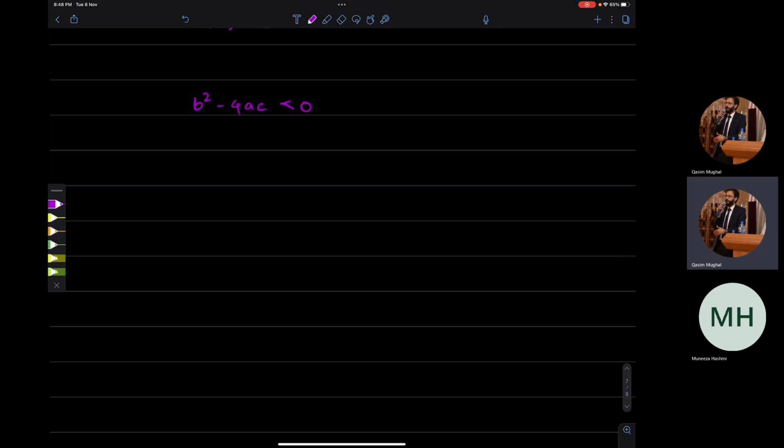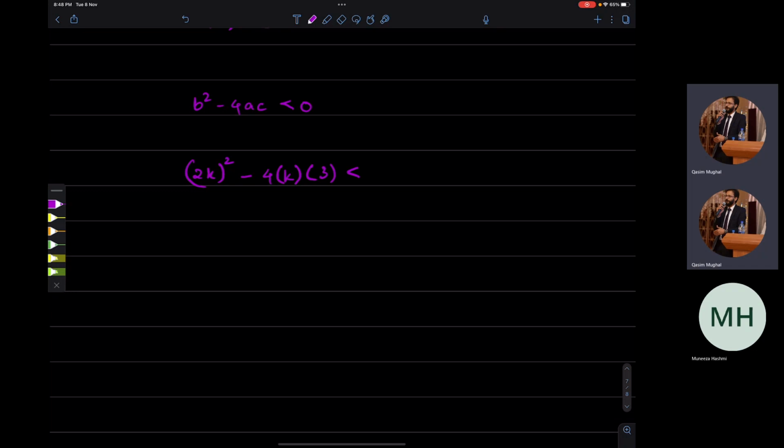So b squared means 2k and then the whole squared minus 4a c should be less than 0. That's going to leave us with 4k squared minus 12k less than 0. If I take 4k as common, I can factorize it by simply taking common. So 4k is common, so k minus 3 is less than 0.